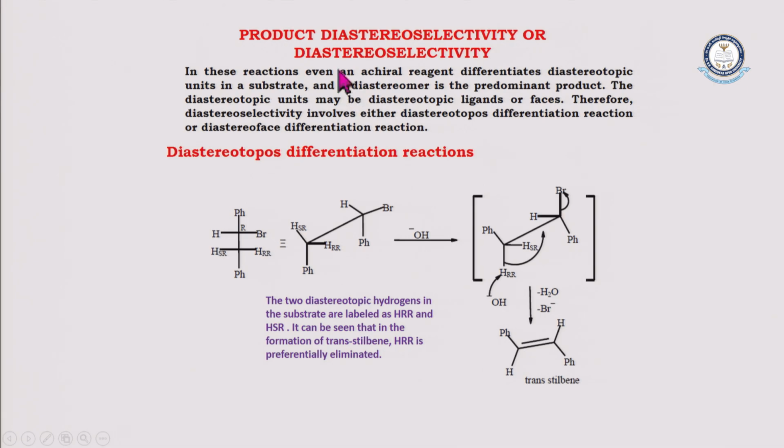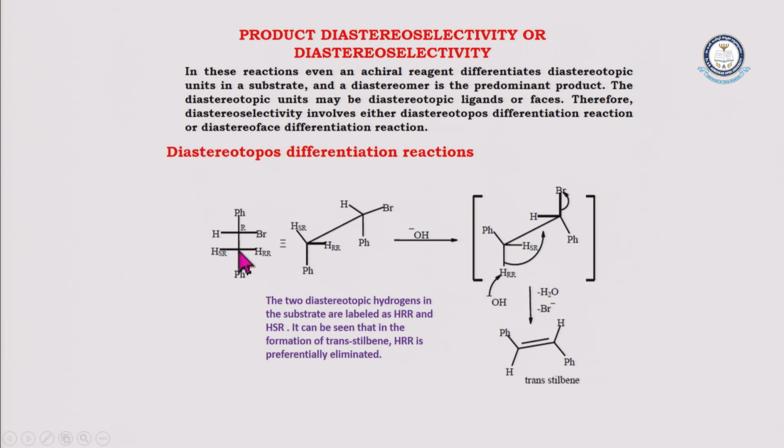Next, one more example we can see with diastereoselectivity. This multi-chiral center compound has diastereotopic hydrogens. Generally it has one chiral center and another pro-chiral center, because it has two hydrogens.